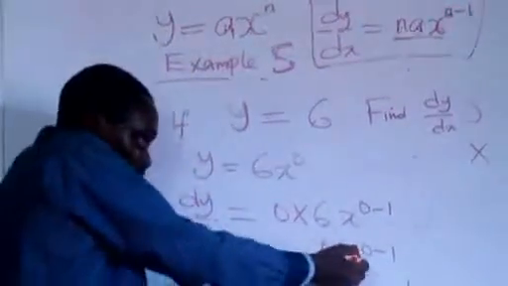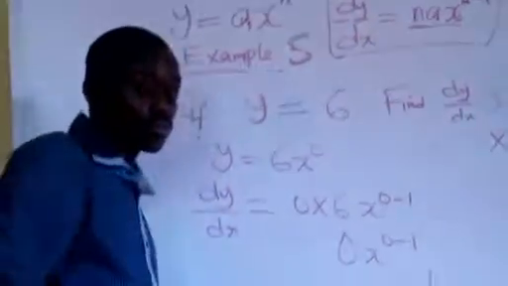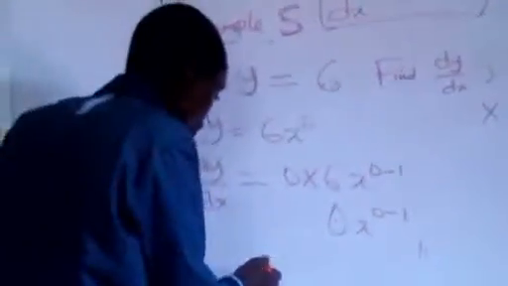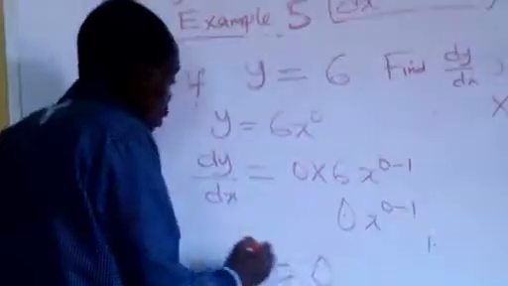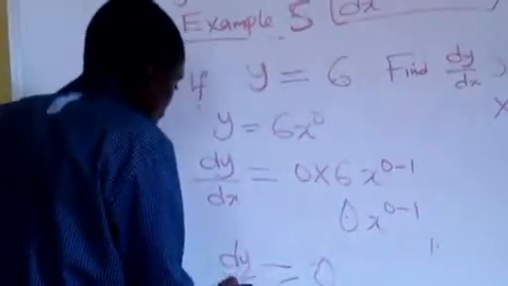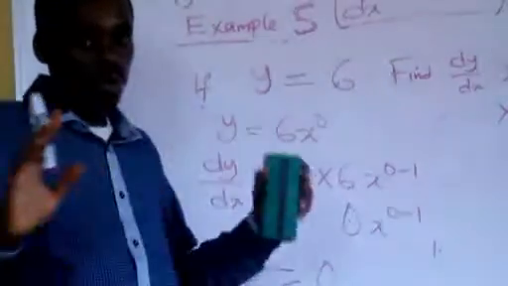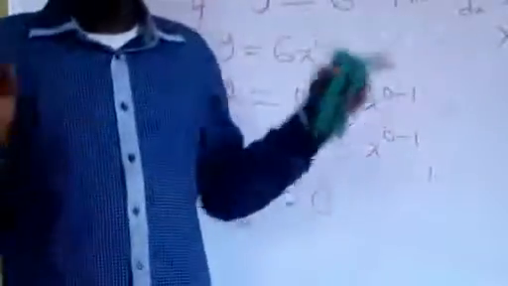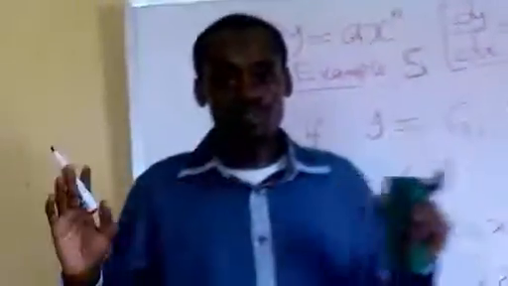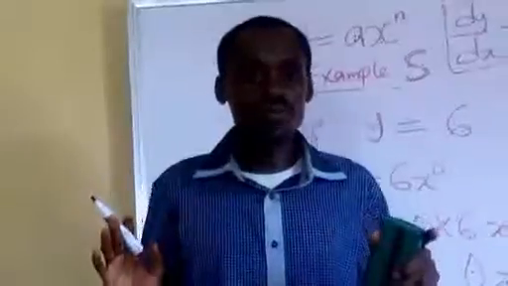And 0 times x raised to power 0 minus 1, x times 0 is still 0. So your answer is 0. dy/dx is equal to 0. So for any constant function, when you're given a constant, when you're given a pure number to differentiate, your dy/dx, your gradient function, is equal to 0.